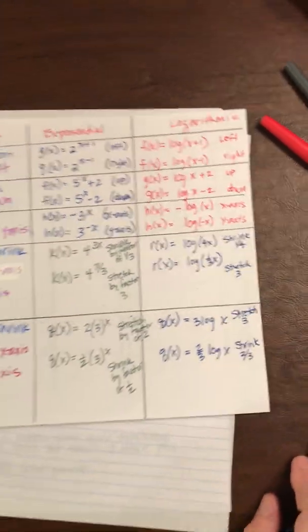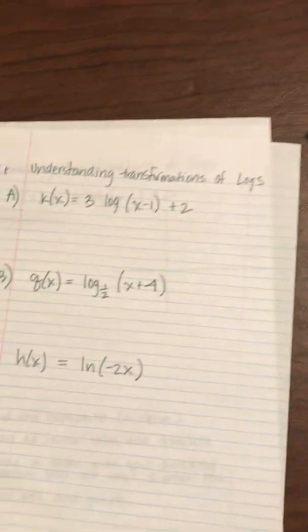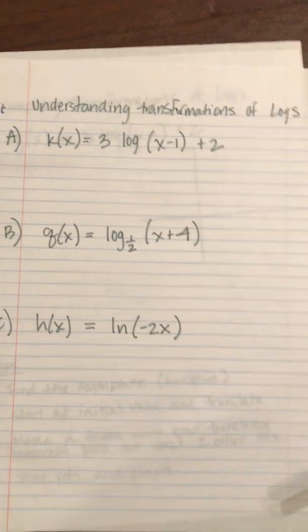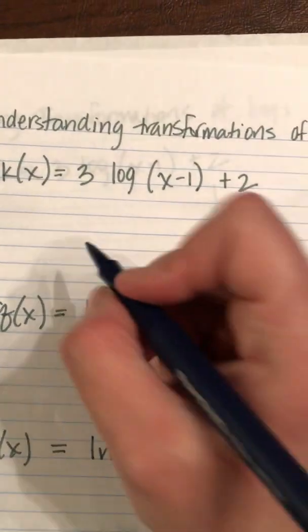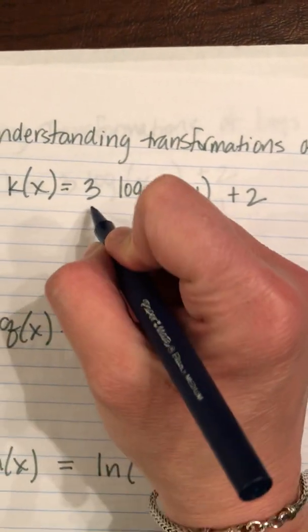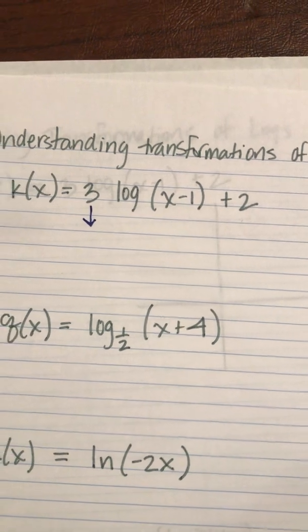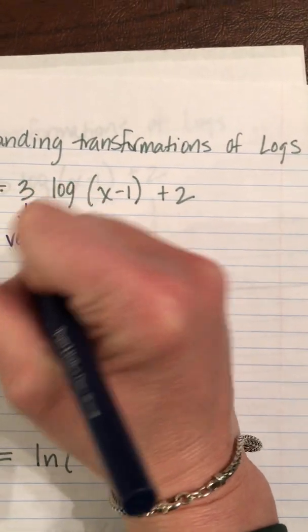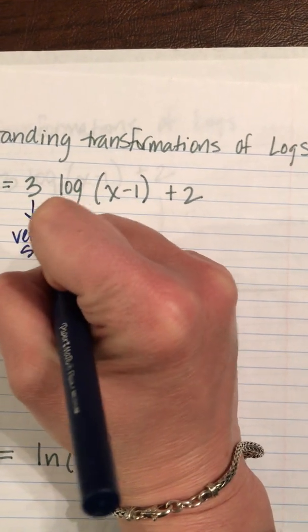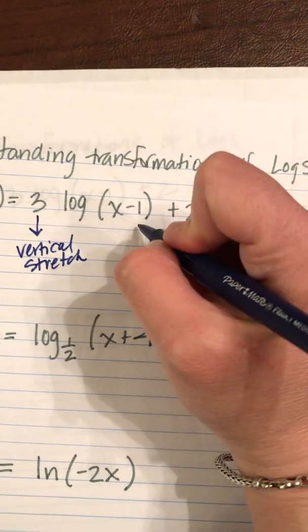All right, let's do some examples together so that you guys can get a feel for what I mean by this. I'm just going to give you 3. We're just going to talk about transformations, and that's it. So let's start with this one. This is what we just left off with. This is going to be our vertical stretch or shrink. So in this case, it's going to be a vertical stretch. You can put by a factor of 3, or you don't really have to because it's assumed.